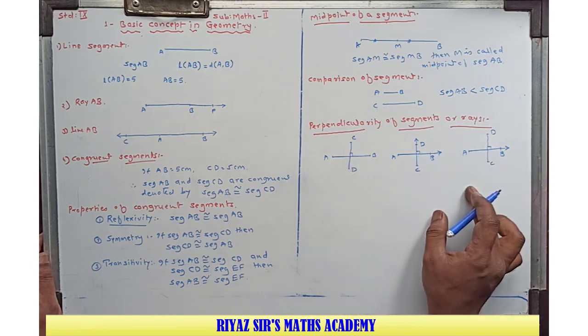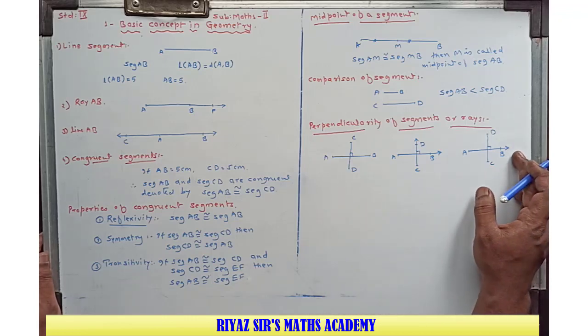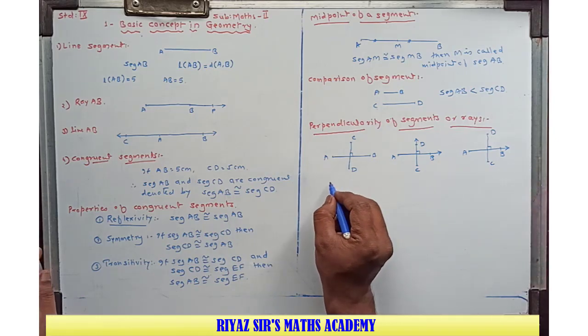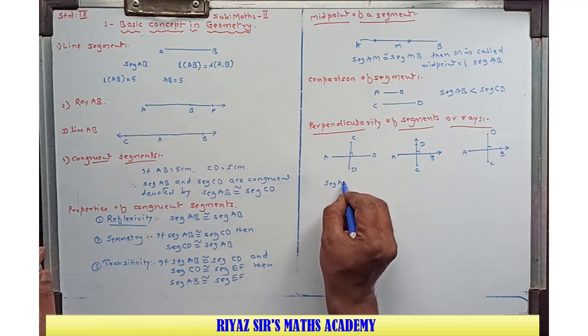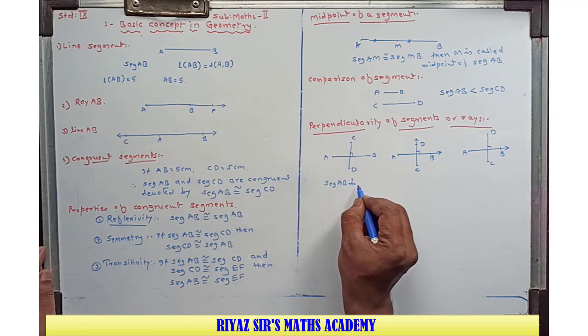Then we say that those two segments, those two rays, or a segment and a ray are perpendicular to each other when the angle between them is 90 degrees. It is denoted like this. This is the notation to use for perpendicular.